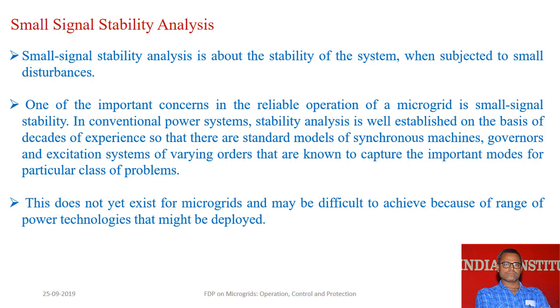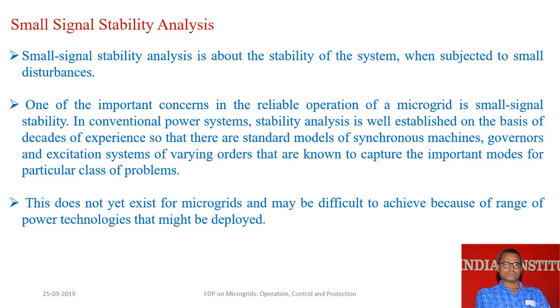This doesn't yet exist for microgrids and may be difficult to achieve because of the range of power technology that might be deployed. Because in the microgrid, we know there are different kinds of energy systems we are using, like solar, wind, PV, fuel cells, and also gas turbines.